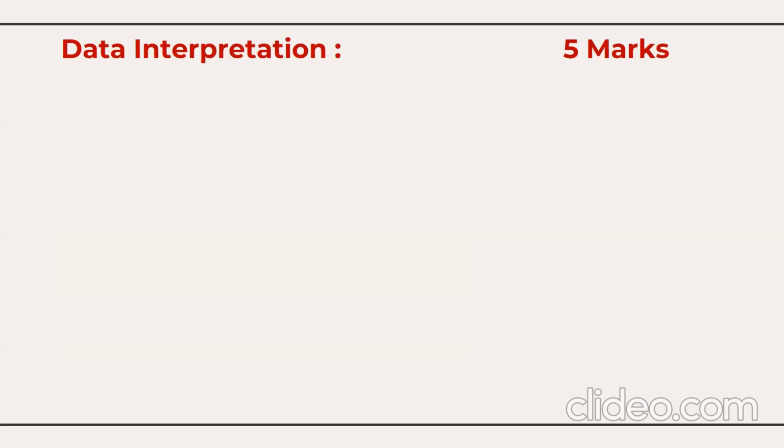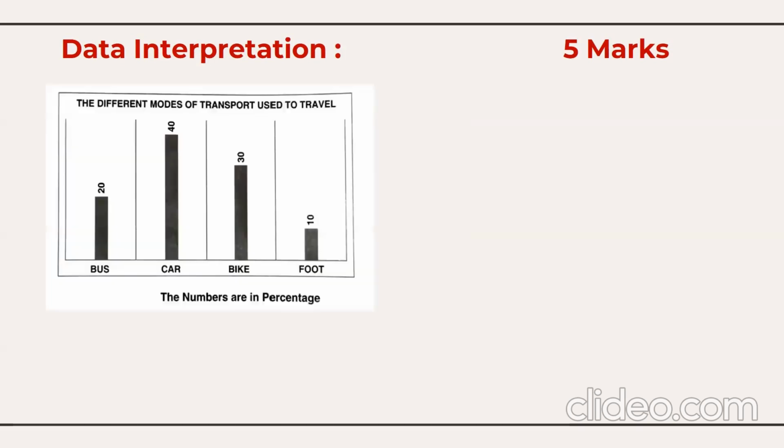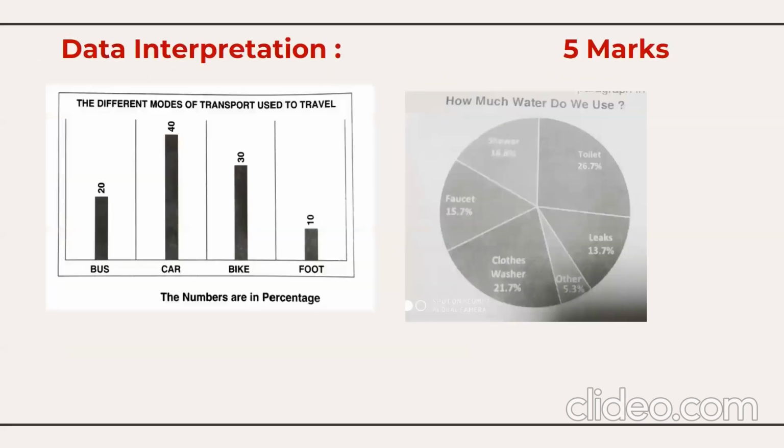Next, a very important question is here, data interpretation. That's a 5 marks question. Here you'll be having graphs like this, and you need to interpret the data. You need to describe this data in a paragraph.